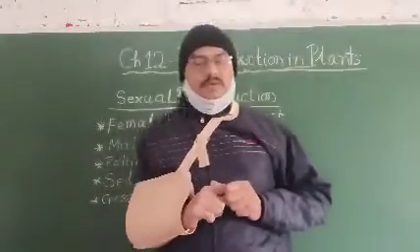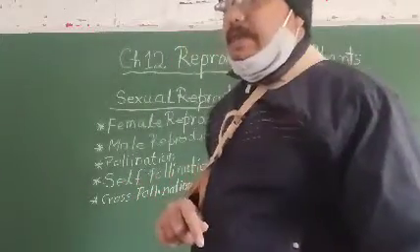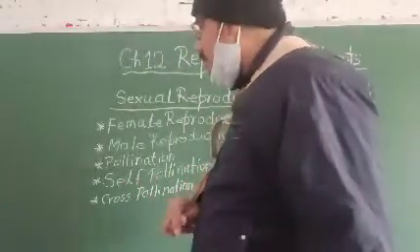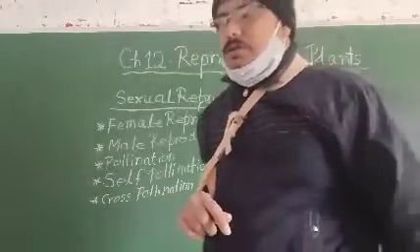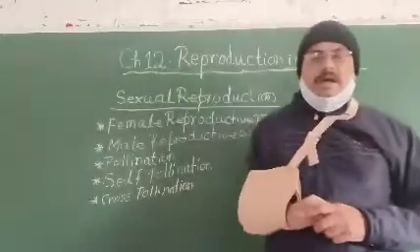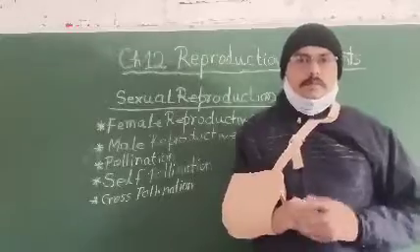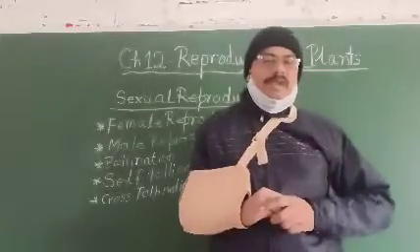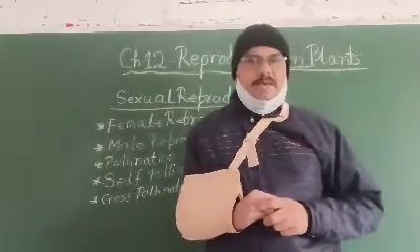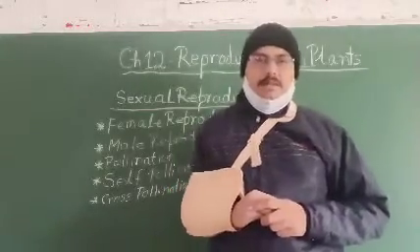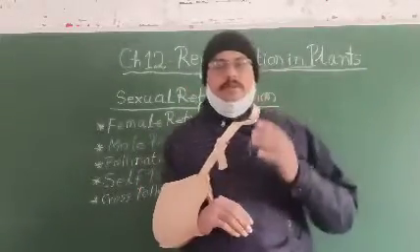Now let's go further, and I am going to explain the gametes. Let's start with the female reproductive organ. So student, at the center of the flower is present the female reproductive part, which is called pistil, P-I-S-T-I-L, or carpel, which has different parts.